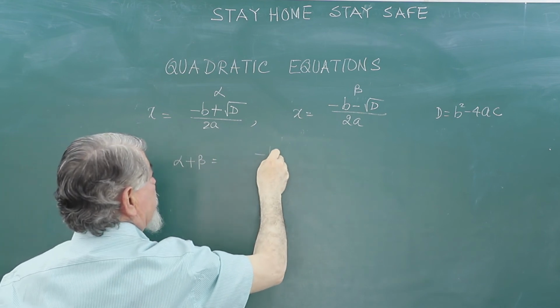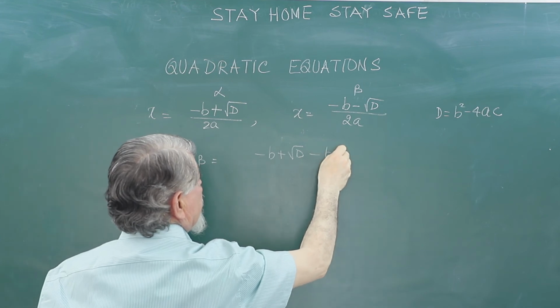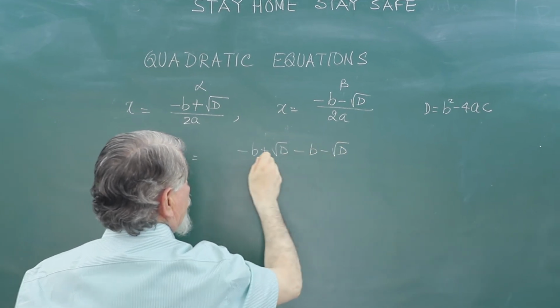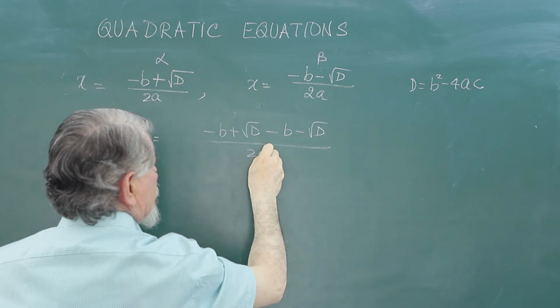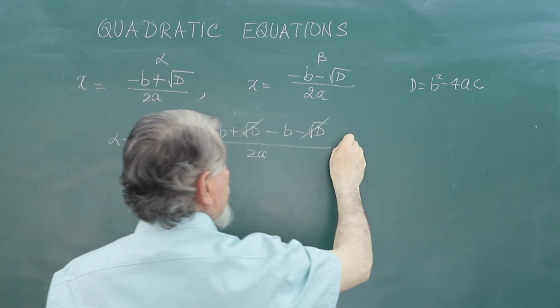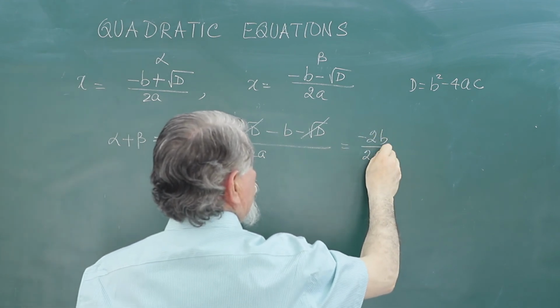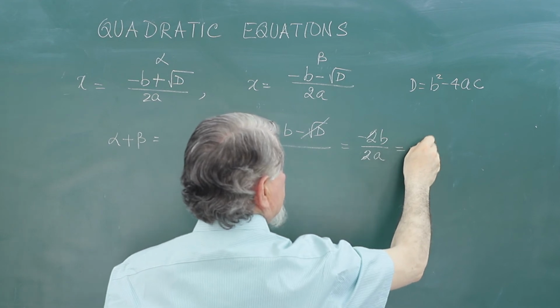If I add them, alpha plus beta, what will I get? I will get minus b plus under root D, minus b minus under root D, upon 2a. So what will happen? Minus root D plus root D will cancel. You will get minus 2b upon 2a. 2 will cancel. You will get minus b upon a.